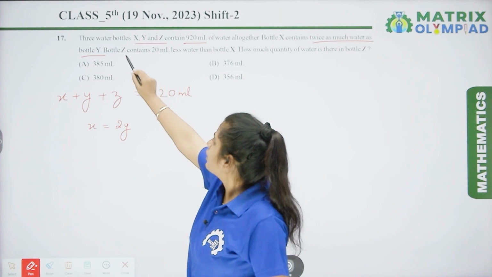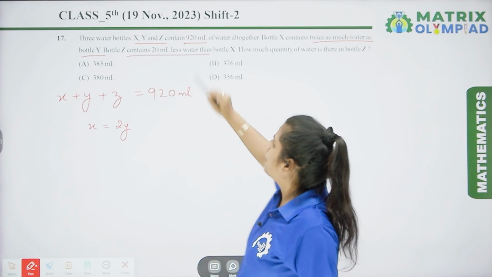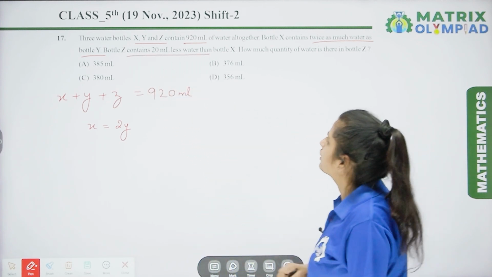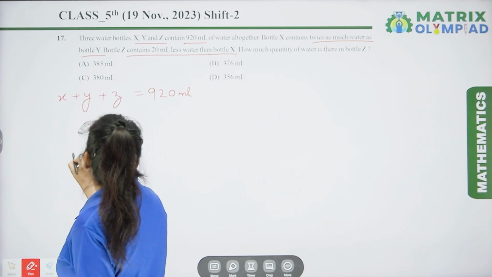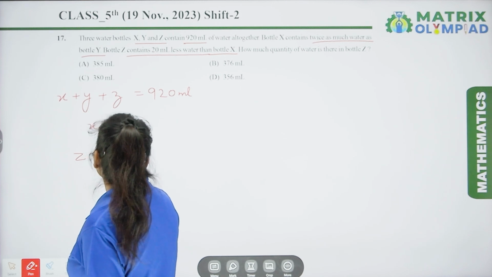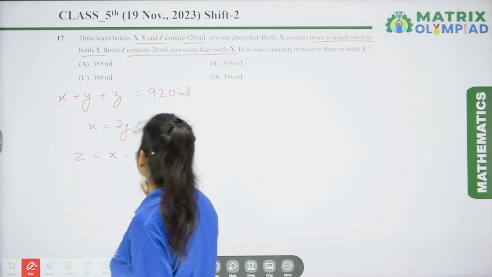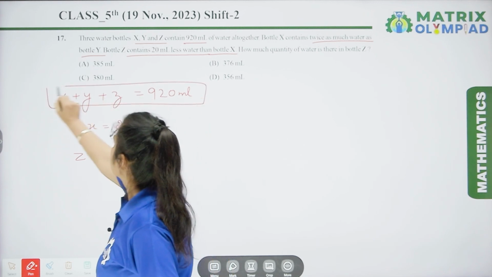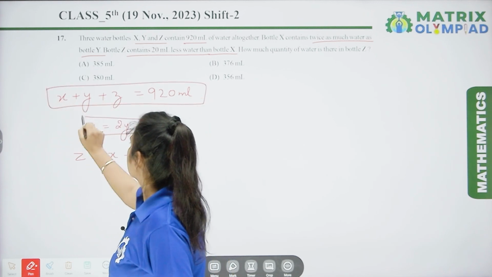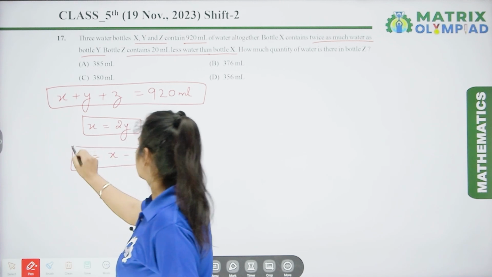Next, bottle Z contains 20 ml less water than bottle X. So here Z is equal to X minus 20 ml. So here we have 3 pieces of information in this question.